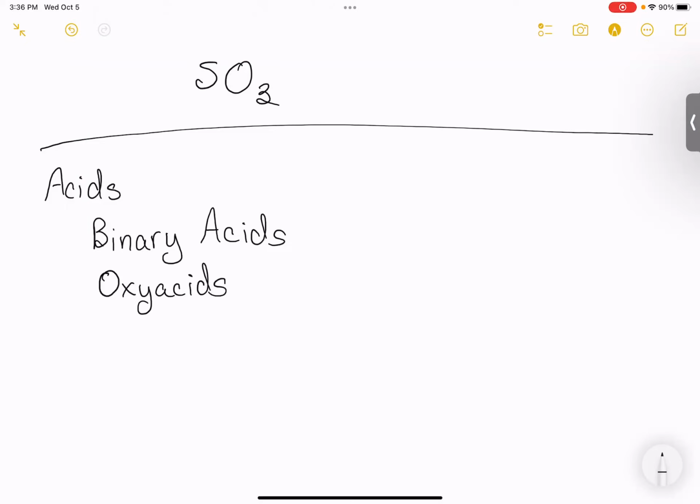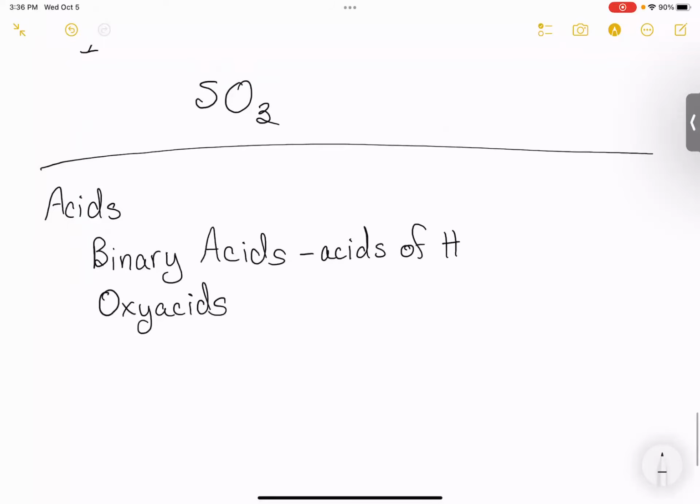Binary acids will be acids of hydrogen and group 15 through 17 nonmetals and metalloids.